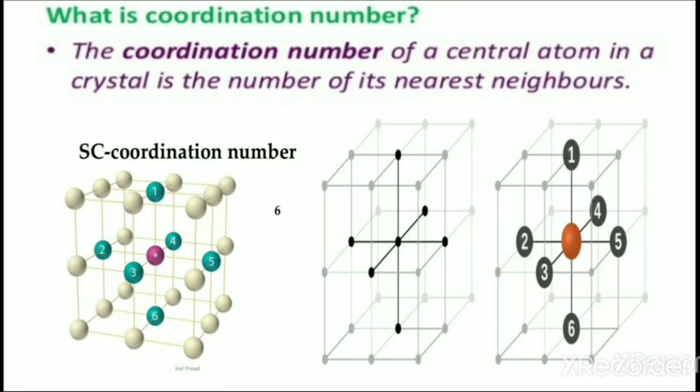Consider the central atom, which has 6 nearby atoms. So the coordination number is 6. See here in the given unit cell, the central atom has 6 neighbors. So the coordination number in simple cubic is 6.